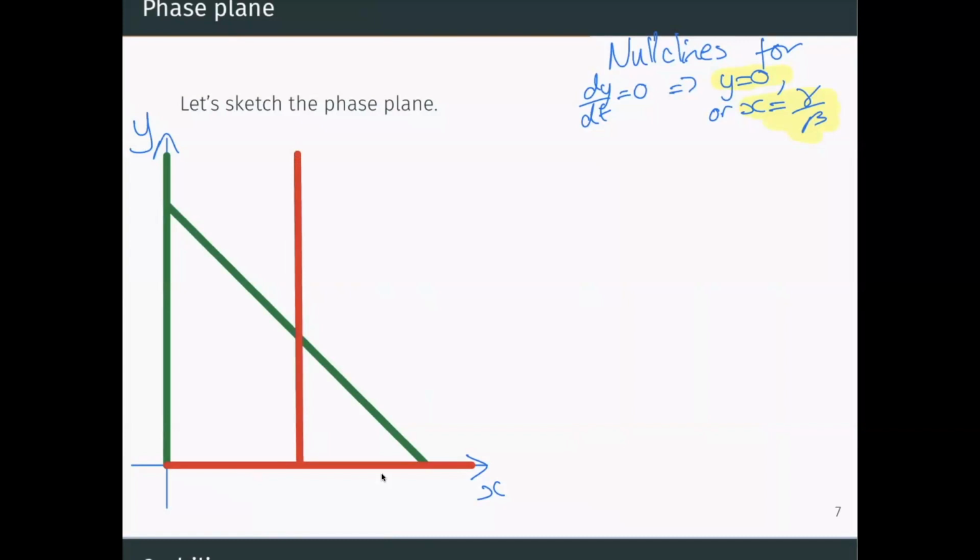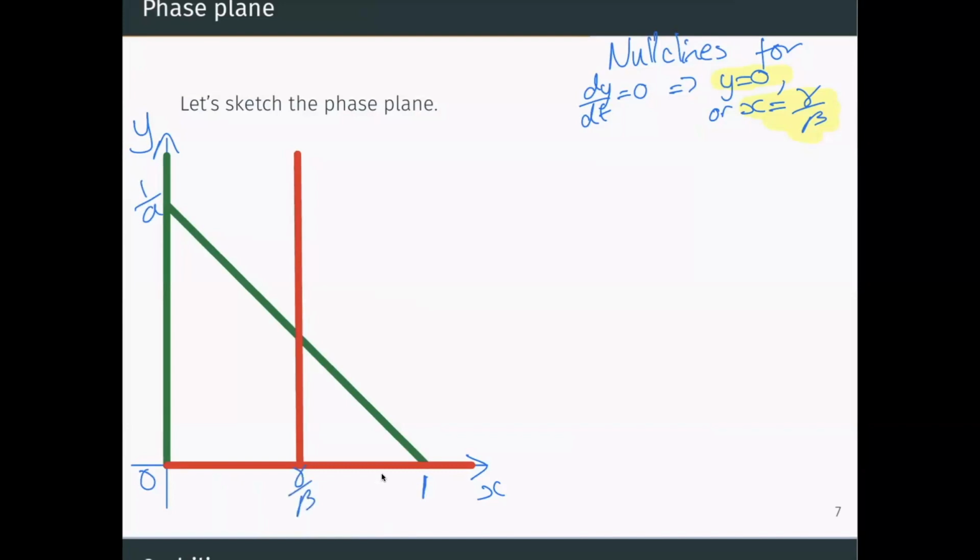Okay, so let's just draw on some labels here. I'll explain why in a second. So let's draw our values. This diagonal null line intersects the y-axis at 1 over alpha and the x-axis at 1. This vertical null line intersects at gamma over beta.